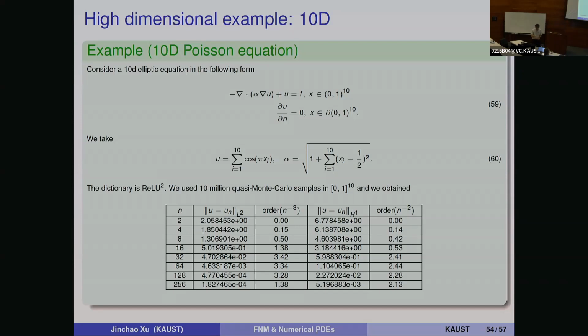But again, I have only relatively recently, in the last couple of months, weeks actually, gotten into those high dimensional PDEs. It turns out we are going to do 10 dimensions. Forget about 256.